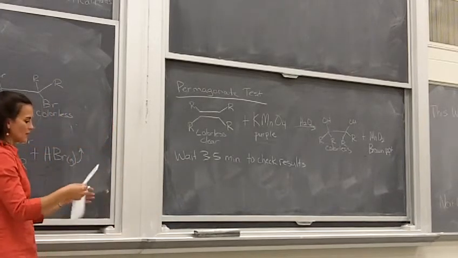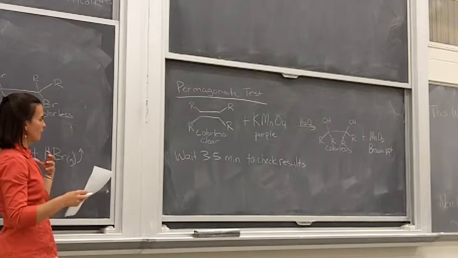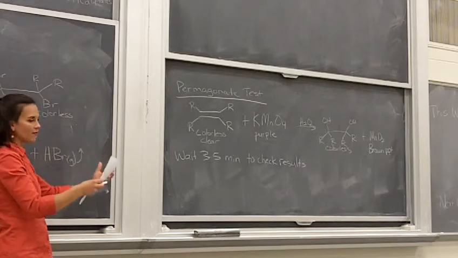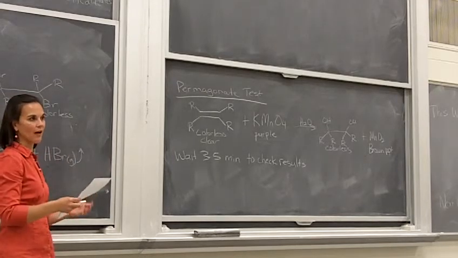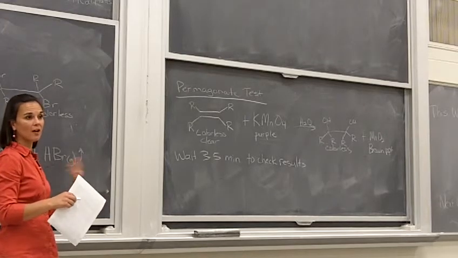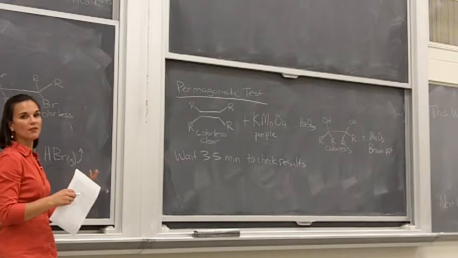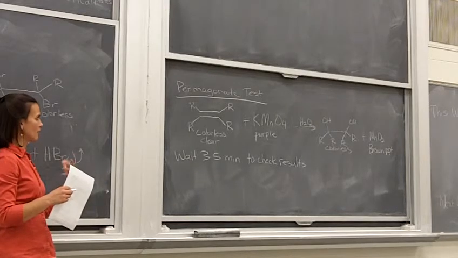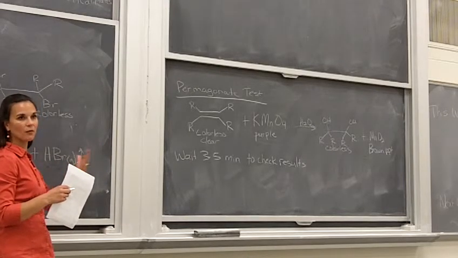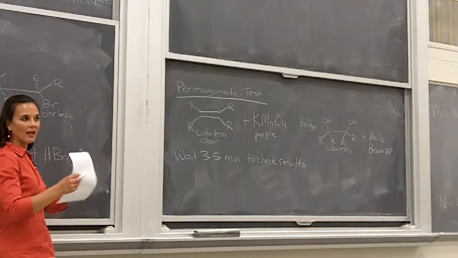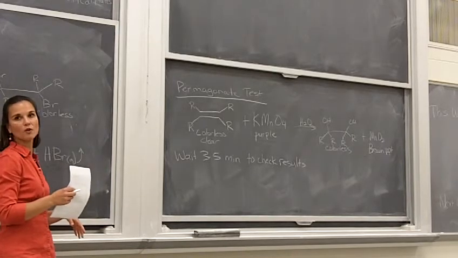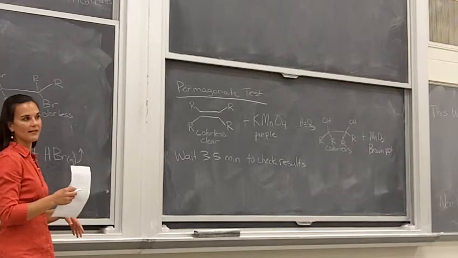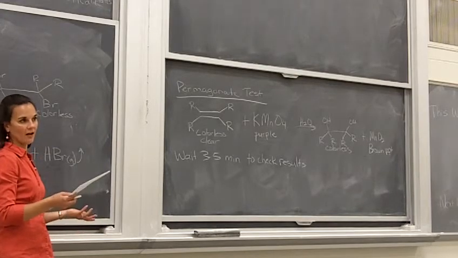And with both of these, you need to take into account all of the test information that you have. So if one or both of your compounds gives you 2 positive bromine tests, but the permanganate test is positive for 1 and negative for 1, that may help you out figuring what you've got, okay? Figuring out which one is the alkene and which one is not the alkene, okay?